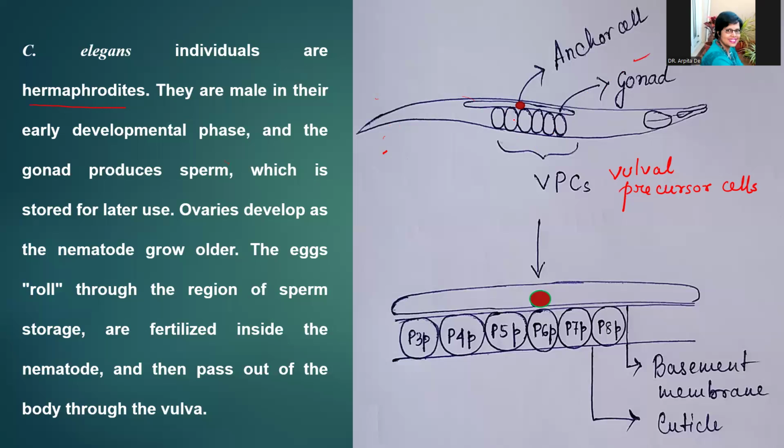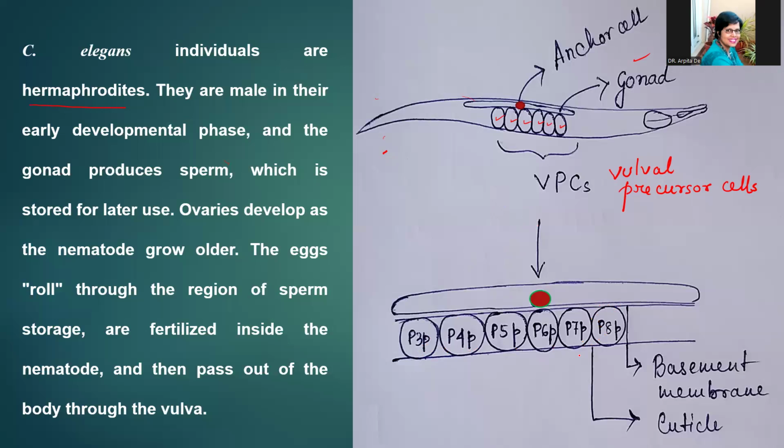Now, these are the VPCs, or vulval precursor cells. This is elaborated here. You can see the numbers P3 through P8. This is the basement membrane and this is the cuticle. In between, you get the vulval precursor cells.